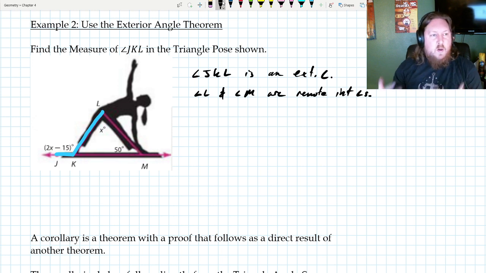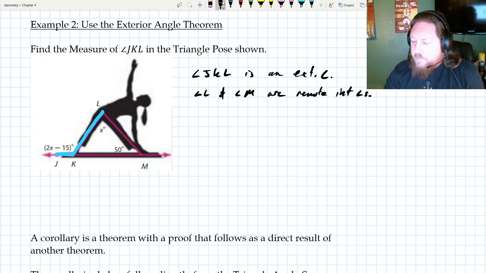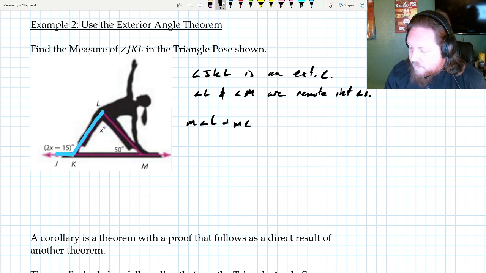So I know that the remote interior angles should add up to be the exterior angle. So angle L plus measure of angle M should add up together to be the measure of angle JKL.